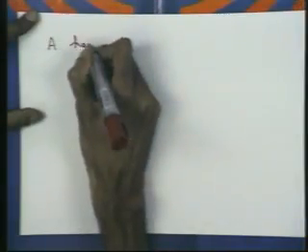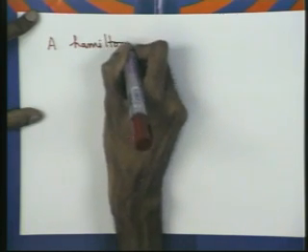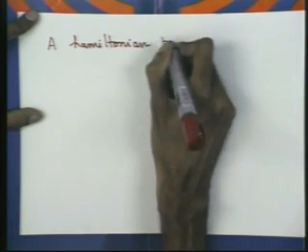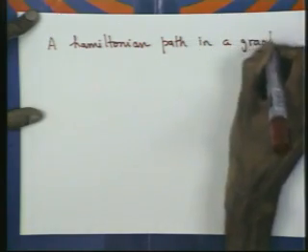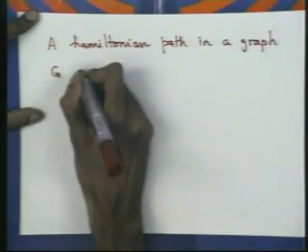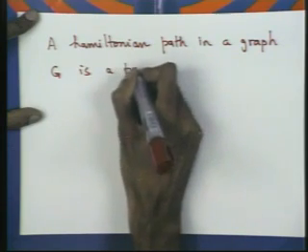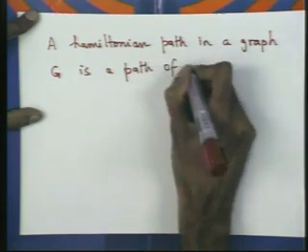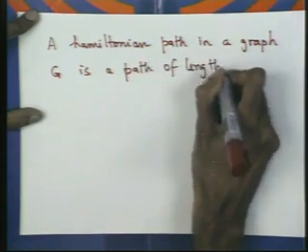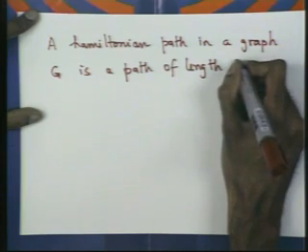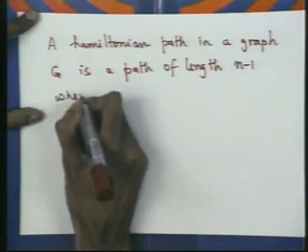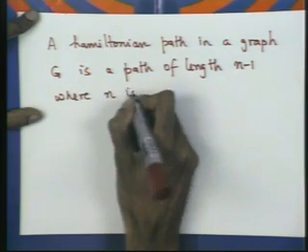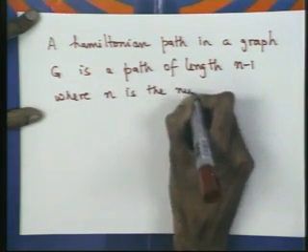A Hamiltonian path in a graph G is a path of length n minus 1, where n is the number of vertices.